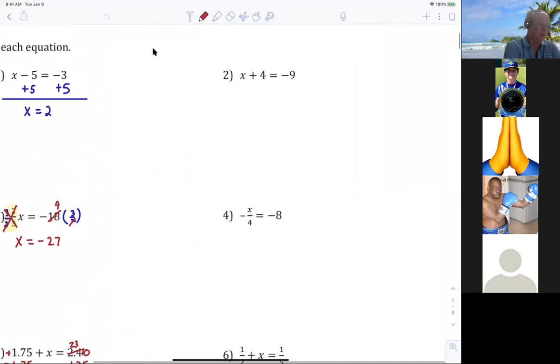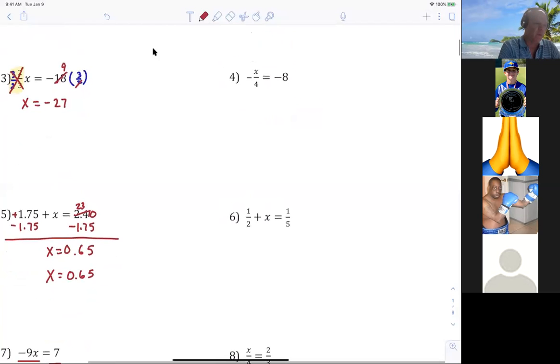We're isolating the variable. So to undo addition, we subtract 4. And then when you look at this, you just see x equals -13. That should be straightforward. Everybody should know that.